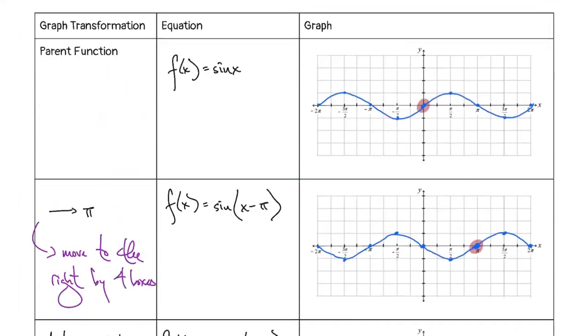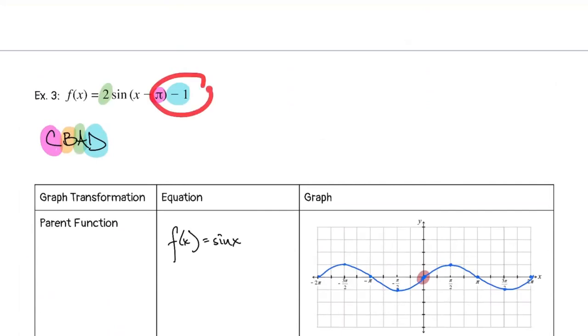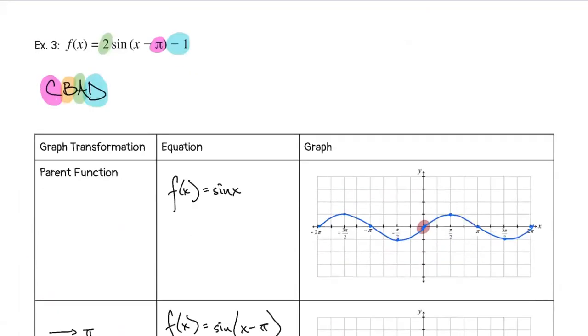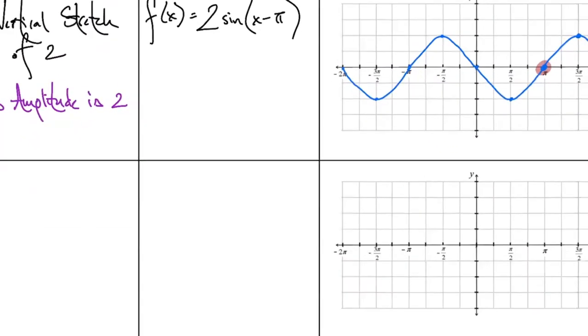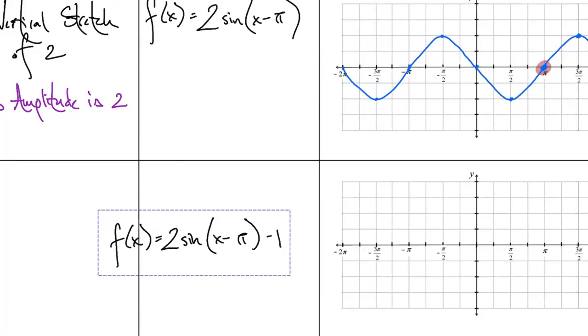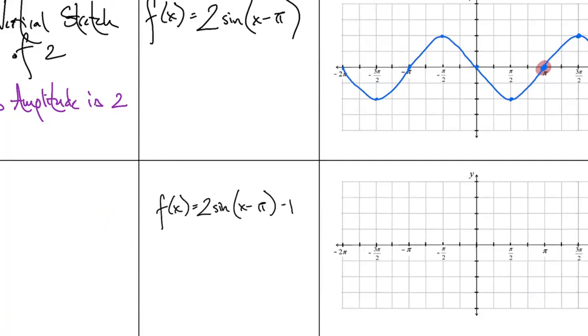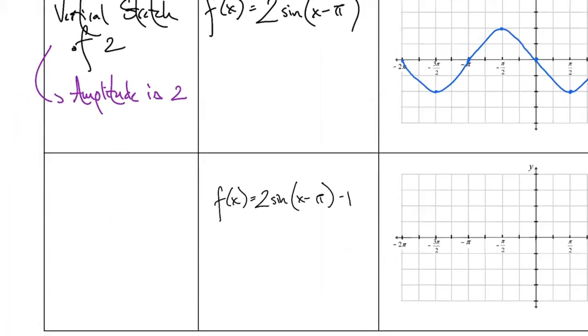All right, we've got one last transformation, that -1. As I'm writing that function down, can someone tell me what that -1 does? Perfect. And in fact, we call that a vertical shift.